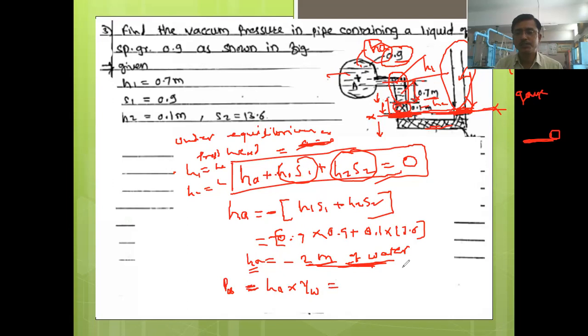Otherwise, you may find the weight density of that liquid by multiplying its specific gravity by the weight density of water, so you calculate 0.9 multiplied by 9810, get the weight density of oil, put that value here and find the pressure intensity at point A. But this will be wrong.